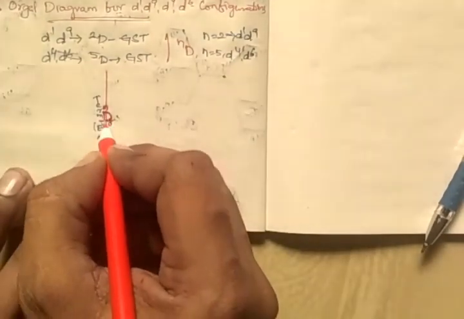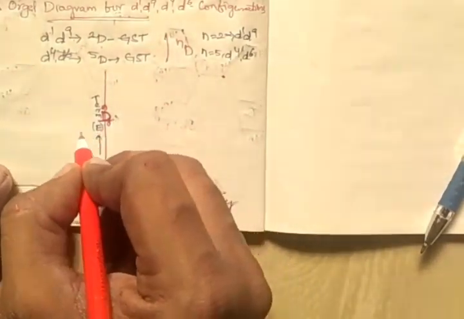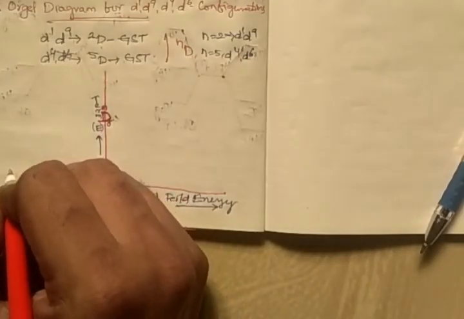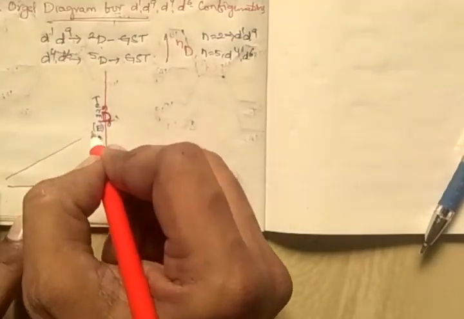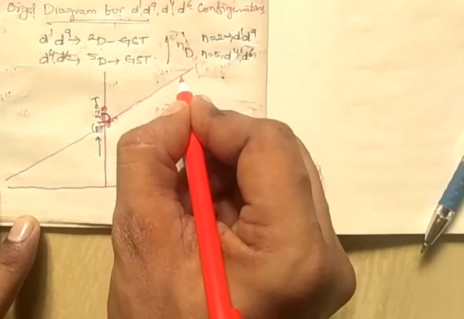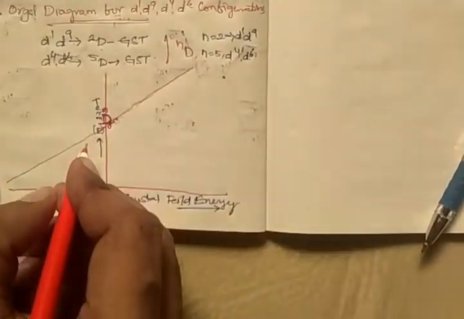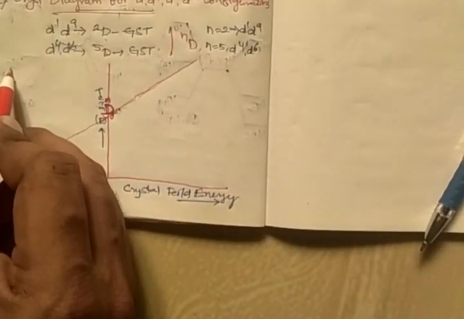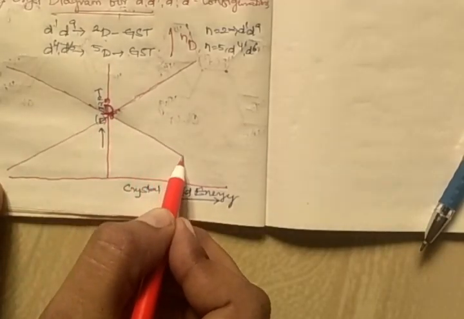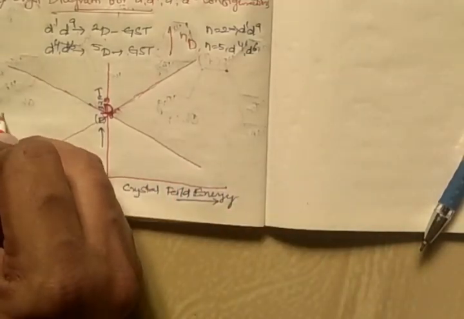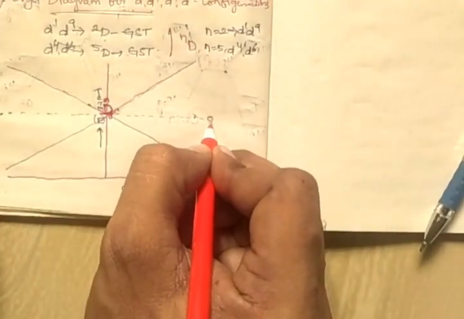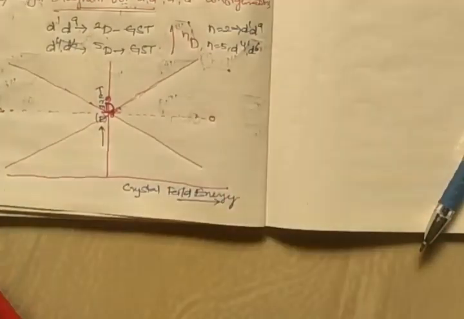When the crystal field influences the D term, the splitting will take place, and the splitting will be like this, where the middle state indicates the ground state of the term, with ground state energy 0.